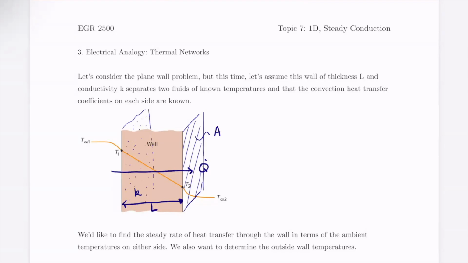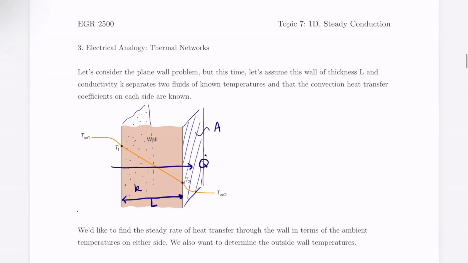So on this side, we're doing convection. In the wall, it's conduction. And on the other side of the wall, we have convection again. Let's write down what we're given.